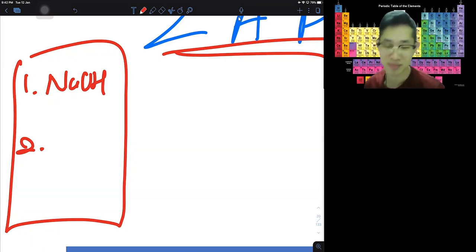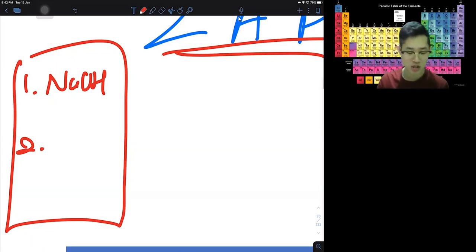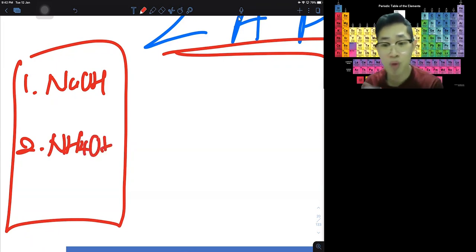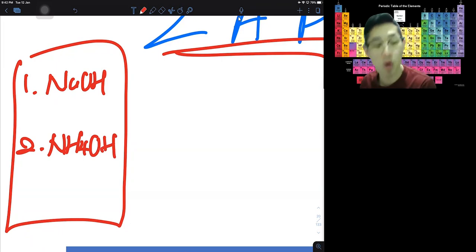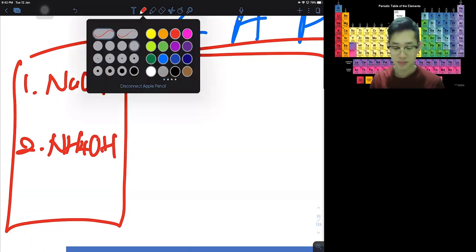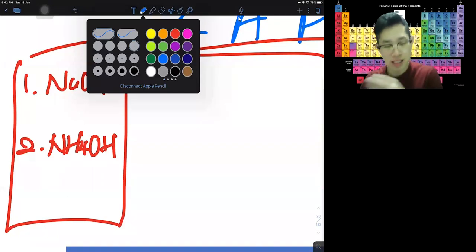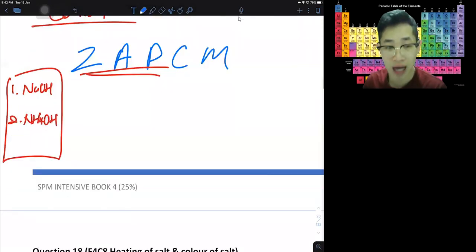What is the second solution that we can use to test the positive ion? Yes, ammonia solution, ammonium hydroxide or ammonia solution. These two can be used to test the copper 2 ion.